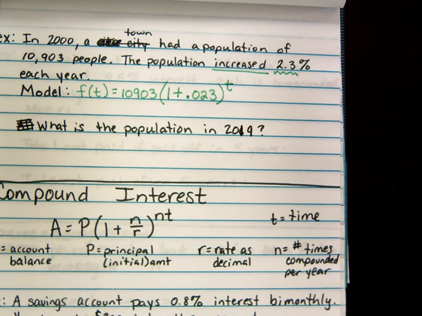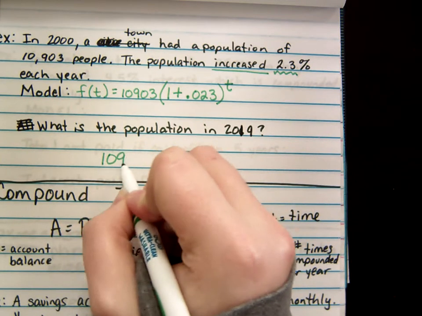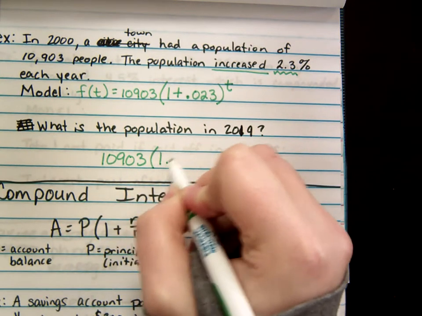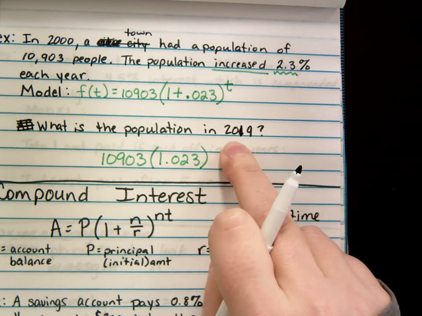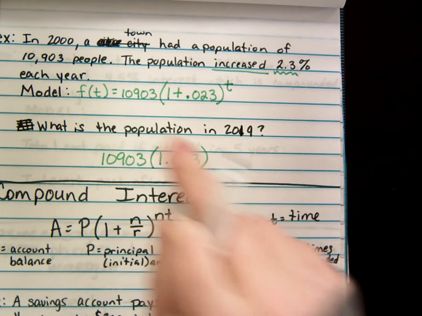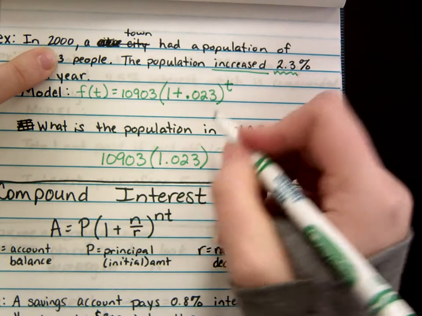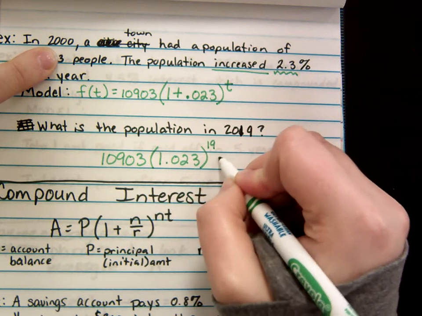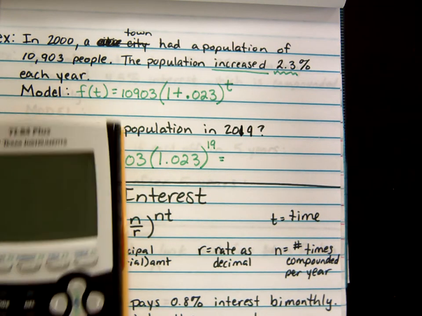Now the population in 2019 is what I ask for next. So keep in mind that you're not going to plug in 2019 as your time. We're going from year 2000 to year 2019. That's a time interval of 19 years. So just be careful if they give you the time in a different way.